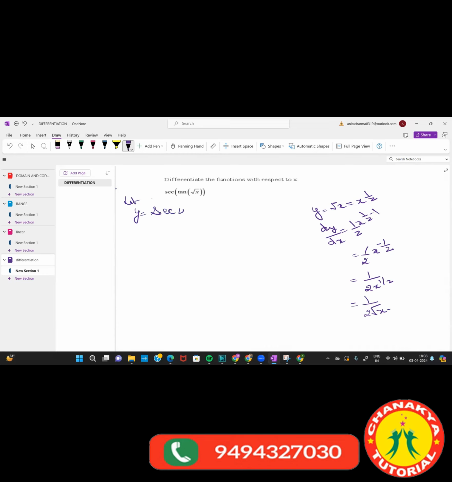So you can write y is equal to sec u, u is equal to tan v, and v is equal to root x. Have you gotten my point? Because here there are three functions: sec, tan, and root x. Right? Understood, beta? Yes, ma'am.